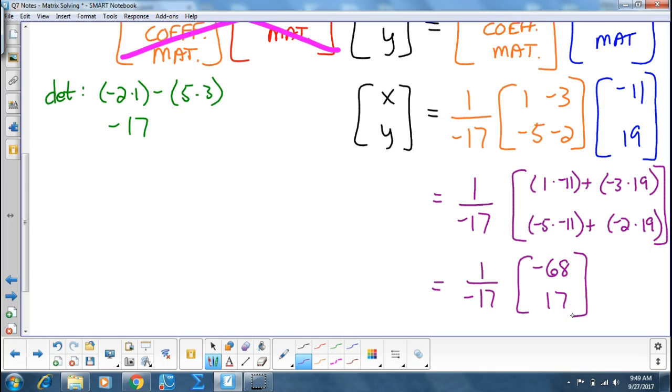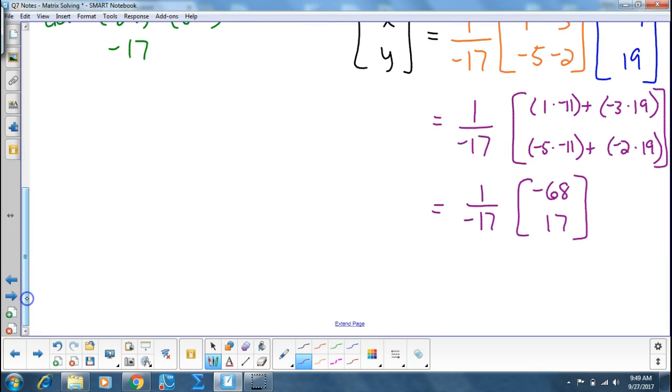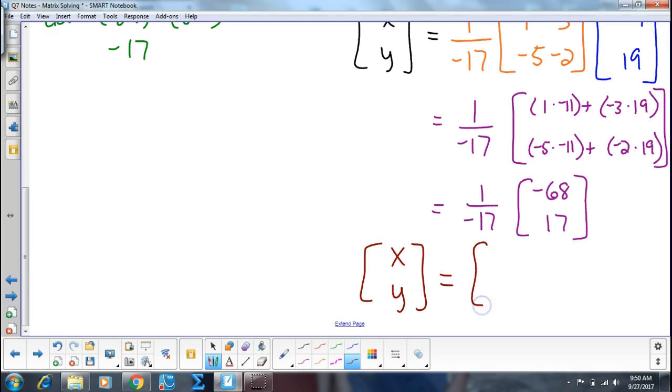Okay. Now I'm going to distribute that in, because that's going to give me my answer. So x is 4, y is negative 1.